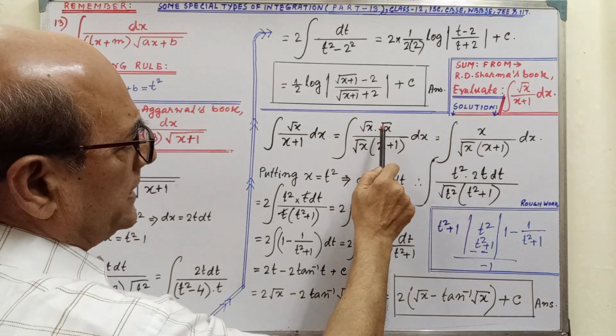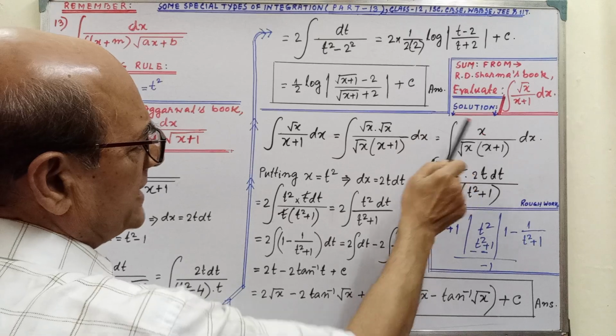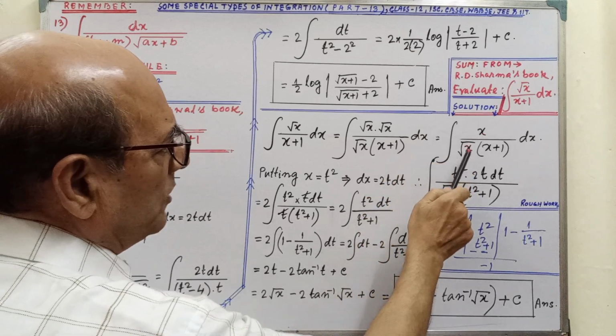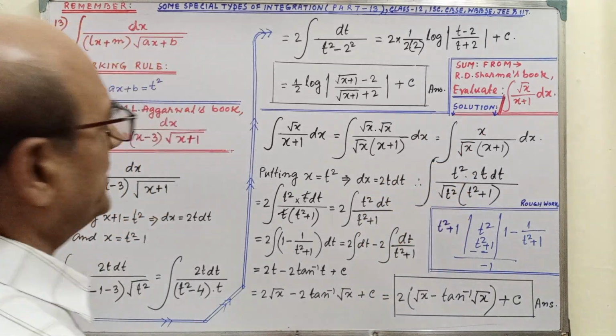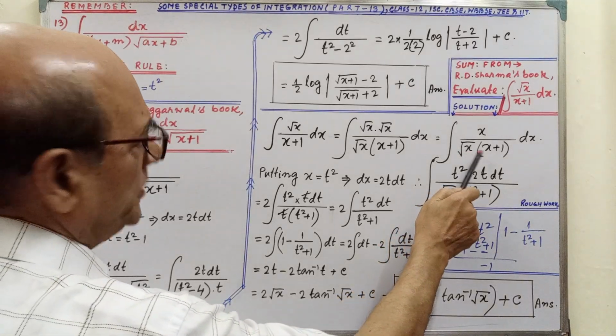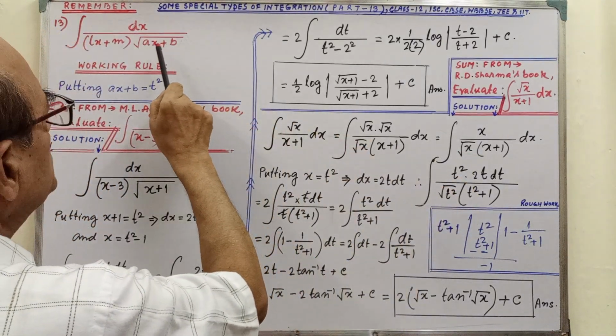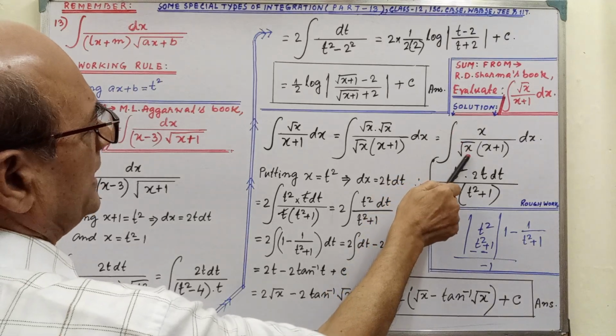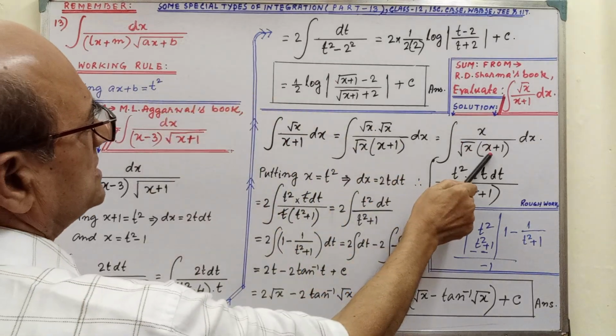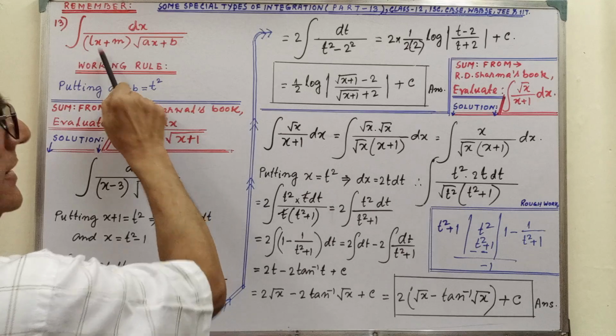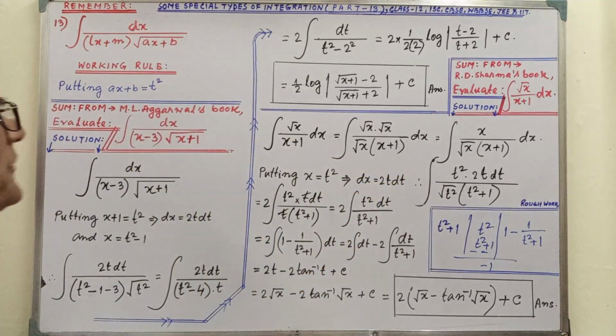Then root x into root x is x. So now we are getting the frame. If we compare, this is root of linear, and this is x plus 1, this is also linear. So now we are getting the frame of this type.